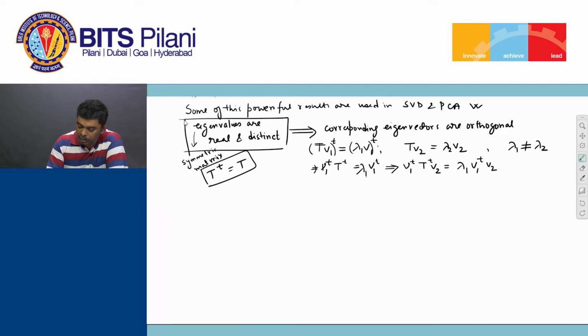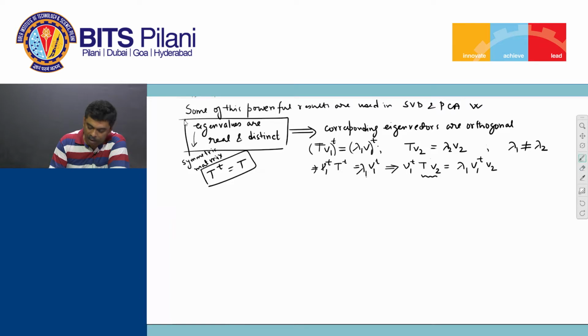Simple enough, right? But let's look at this term. This is T transpose v2, and I can get rid of the transpose, because I know that T is symmetric. Therefore, T transpose is equal to T.